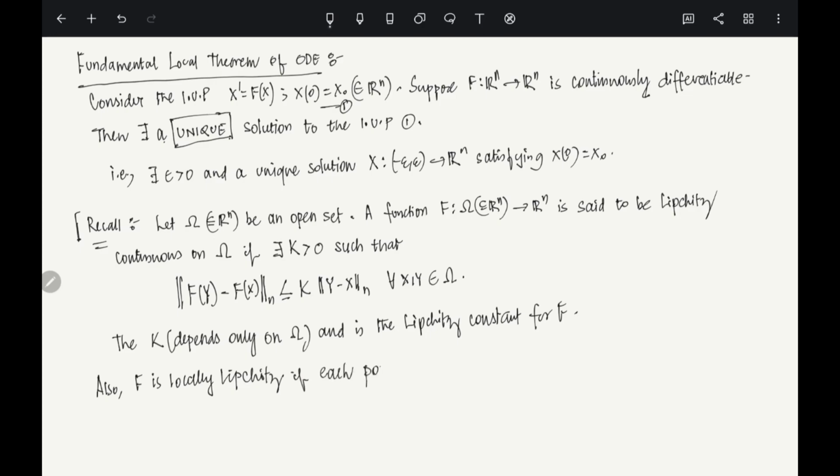each point in omega, okay, has a neighborhood. What is the neighborhood? Let's say omega prime, which is a subset of omega, okay, such that when you restrict f to omega prime, it is going to be Lipschitz.